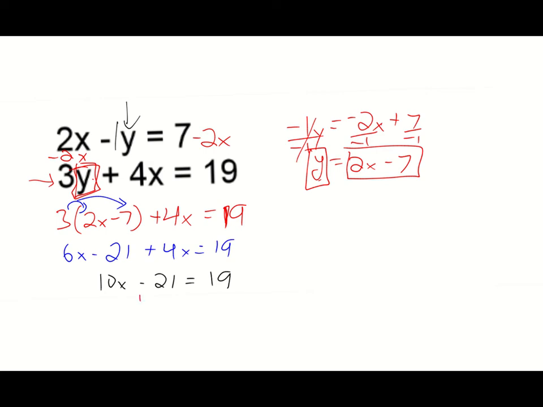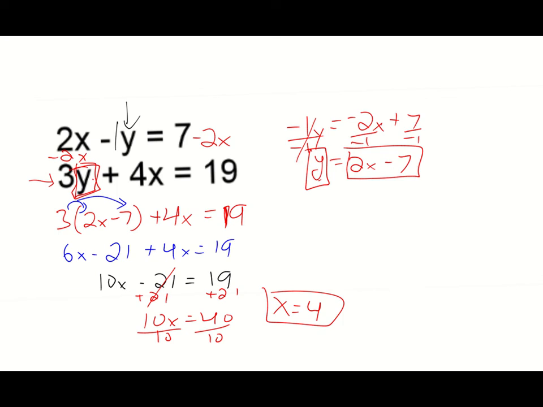You have a two-step equation here. Get rid of 21 by adding the opposite. So 10x is equal to 40. Divide by 10, and you get x equals 4. So that was pretty fast, but again, it's the exact same process. You simplify each side, add like terms, and then solve the equation.